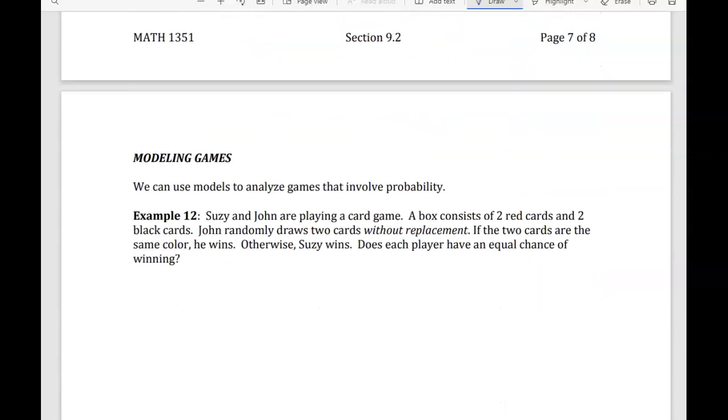Now, let's look at this game. Susie and John are playing a card game. A box contains 2 red and 2 black cards. John randomly draws 2 cards without replacement. If the 2 cards are the same color, he wins. Otherwise, Susie wins.